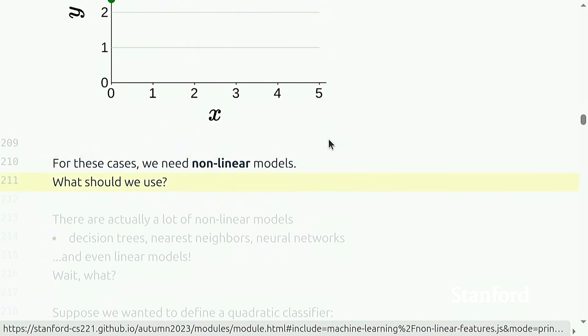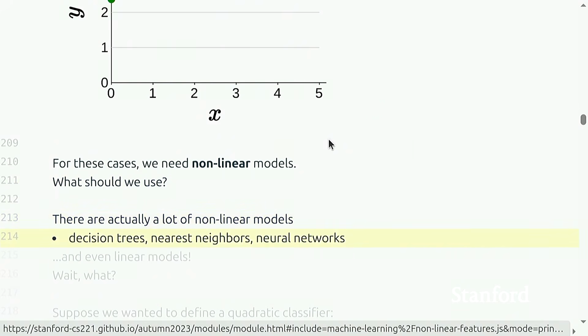So what should we use here? There's actually a lot of things you can do here. And things that you might have heard of, in the case of classification, are decision trees, nearest neighbors, neural networks. But it turns out that actually even linear models can do the job.